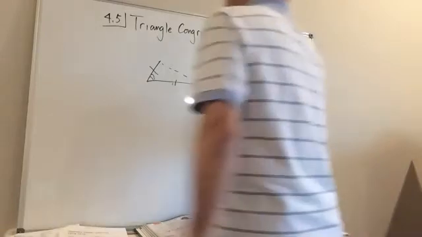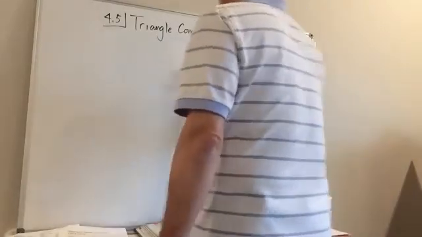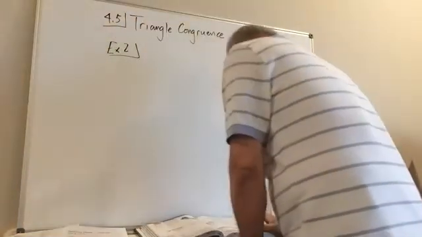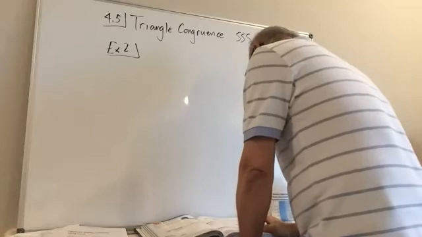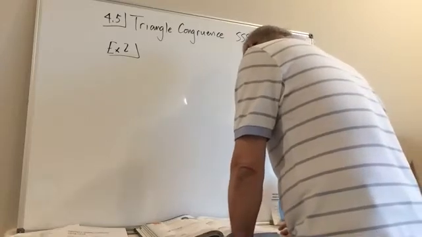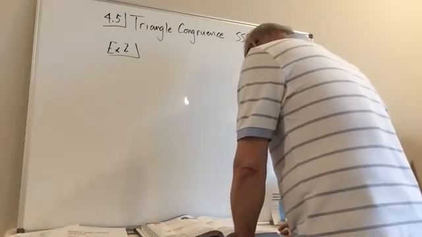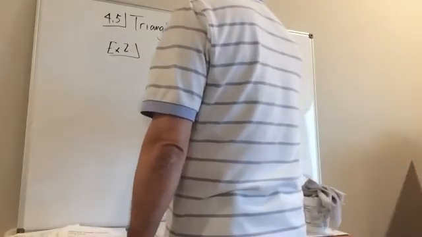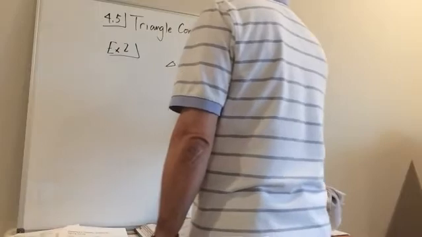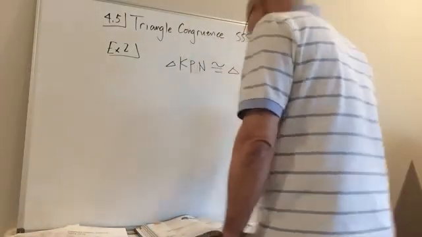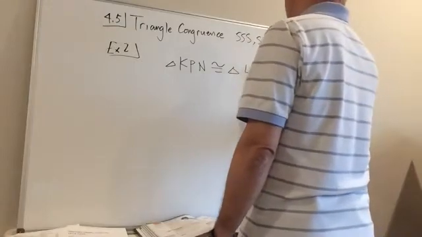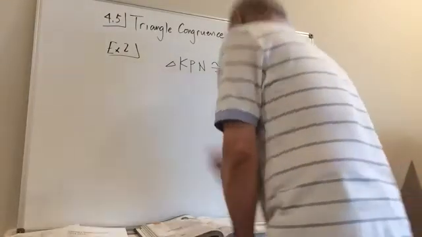Let's see if we can use this to do example number 2. The figure shows a part of the support structure of the Statue of Liberty. Use SAS to explain why triangle KPN is congruent to triangle LPM. Let's see if we can draw this out.